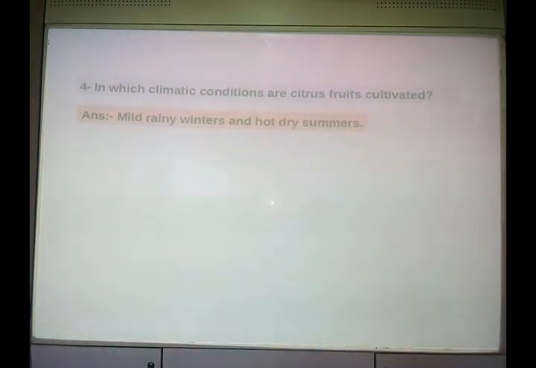That means it will be winter time as well as with the mild rain. Okay, these 2 climatic conditions favor the cultivation of citrus fruits, mind you. So citrus fruits are cultivated in mild rainy winters and hot dry summer. Okay, yes. Now moving on to the next question.